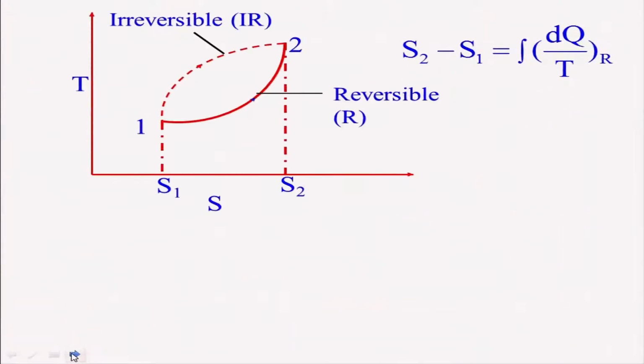Then we can say that dS from 1 to 2 is equal to dq by T for the reversible path. So, this is your reversible path from state 1 to state 2, and this also can move from 1 to 2 in an irreversible path, like I have shown as a dashed line.